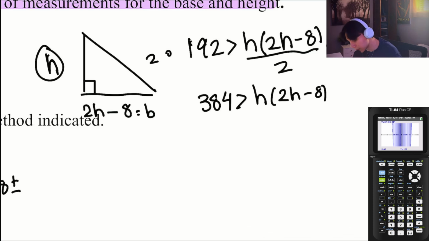Now, what we can do is use our quadratic formula to find our two solutions. So we get negative b plus or minus the square root of b squared minus 4ac, all over 2a. Now I'm just going to plug and replace.